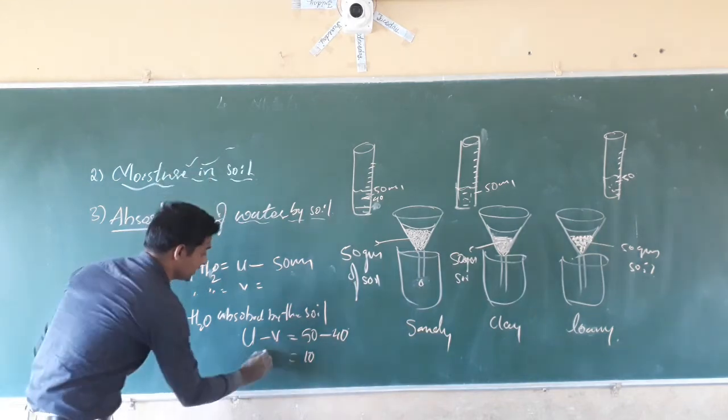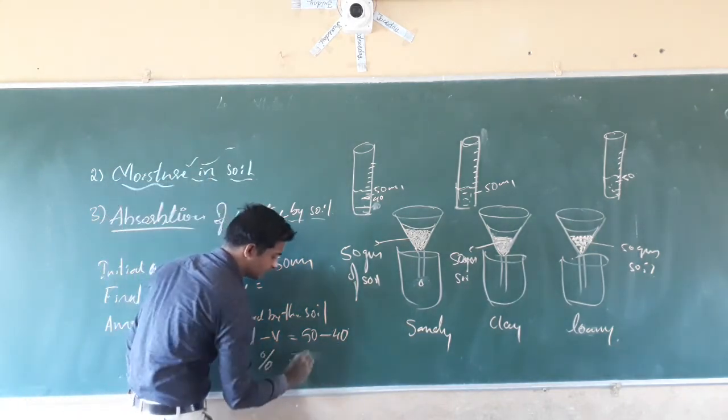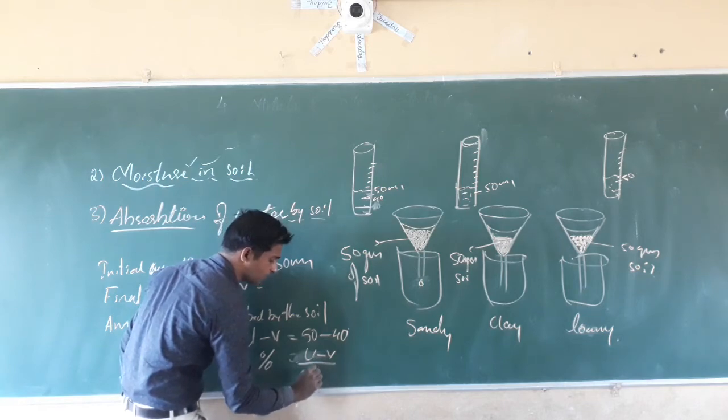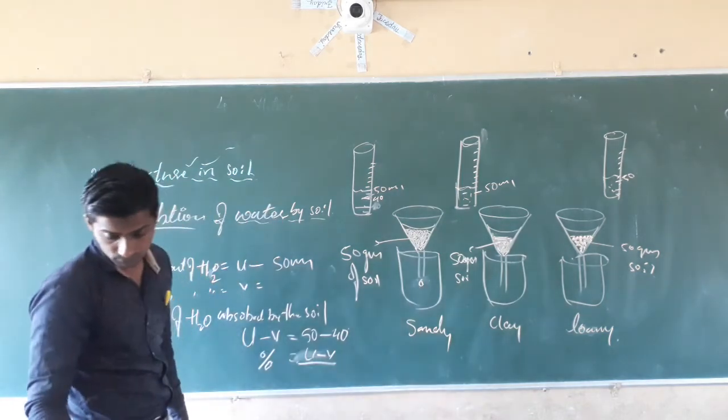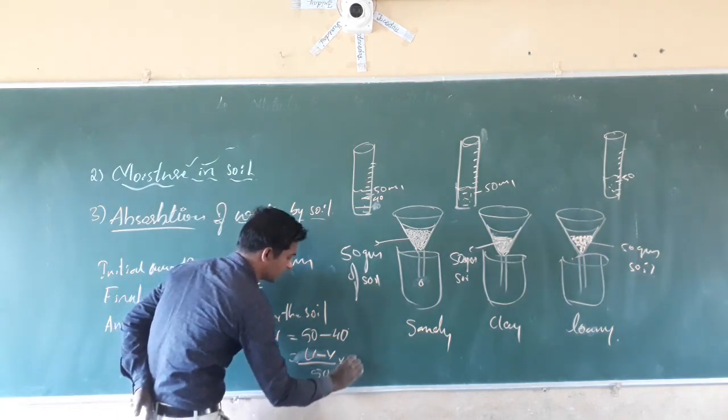See, here is the percentage of absorption of water. How to calculate the percentage? That is (U minus V) divided by the initial volume, into 100.